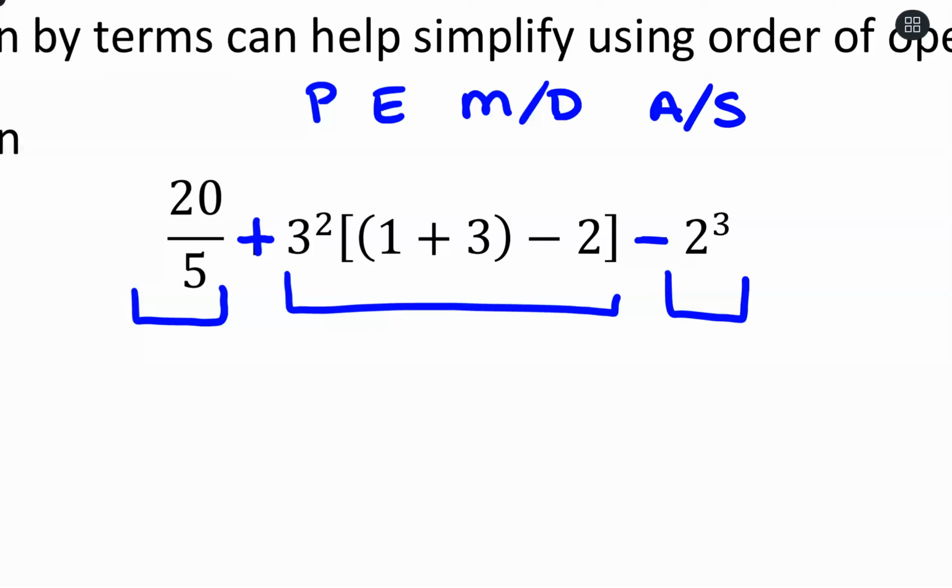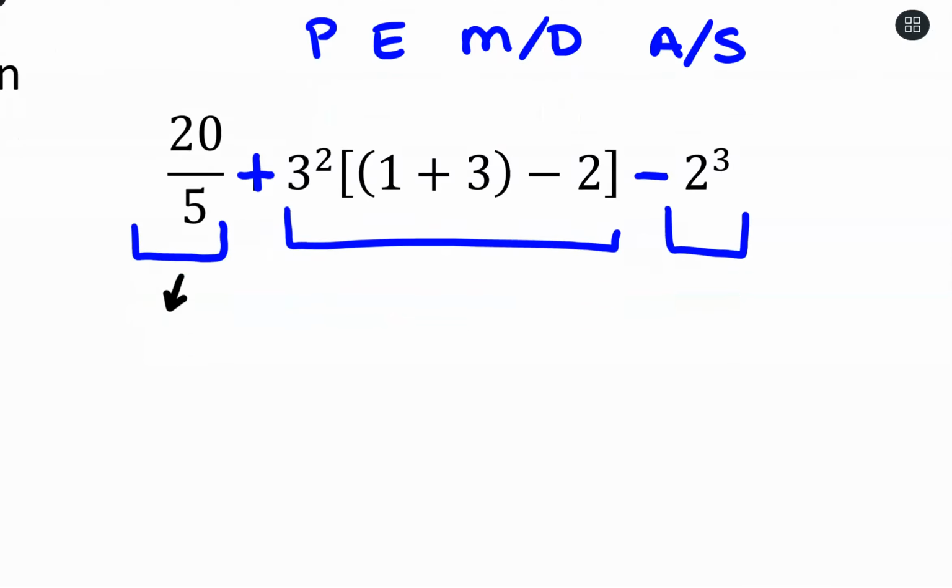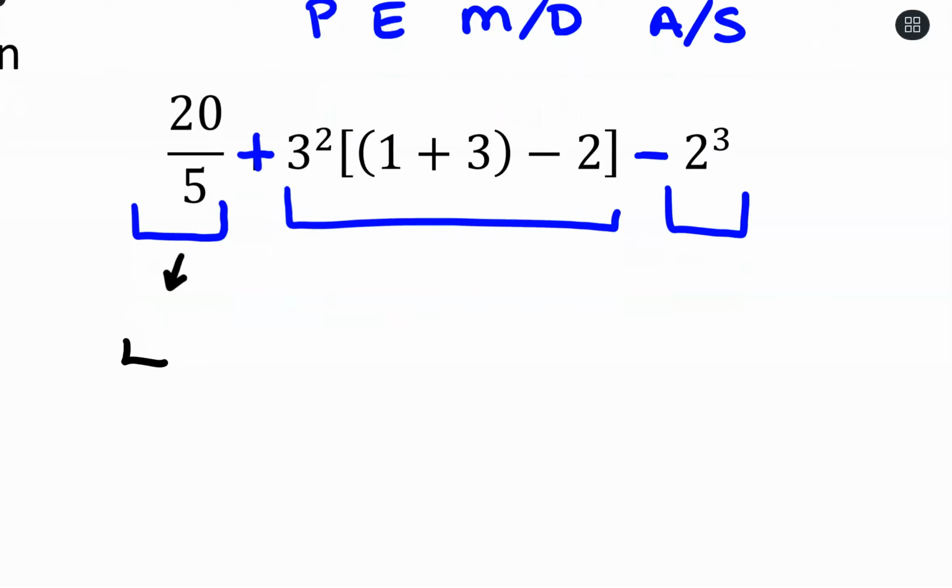So this 20 over 5, that's just division, so we can simplify that to a 4. And then plus, now in this whole term here, it's a big term, but we can simplify, let's see, parentheses, but then a second set of parentheses. So that middle term is going to have 3 squared. And then what we have, 1 plus 3 is 4, minus 2, and close those parentheses.